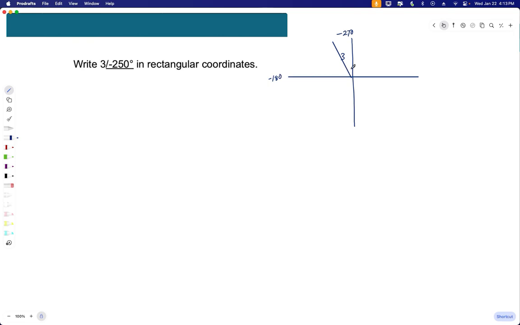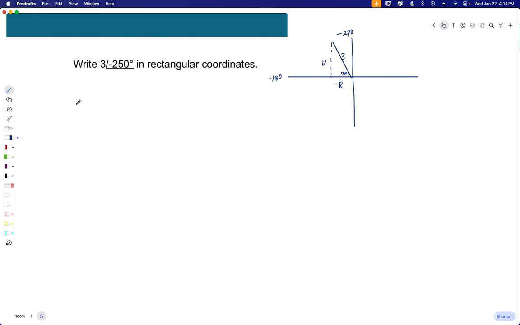So if this is 20 degrees, and we know the total is 90 degrees, then that means this has to be 70 degrees right here. And relative to the x-axis is the one we want. So because 250 plus 20 would be 270, this is our negative r, positive u.